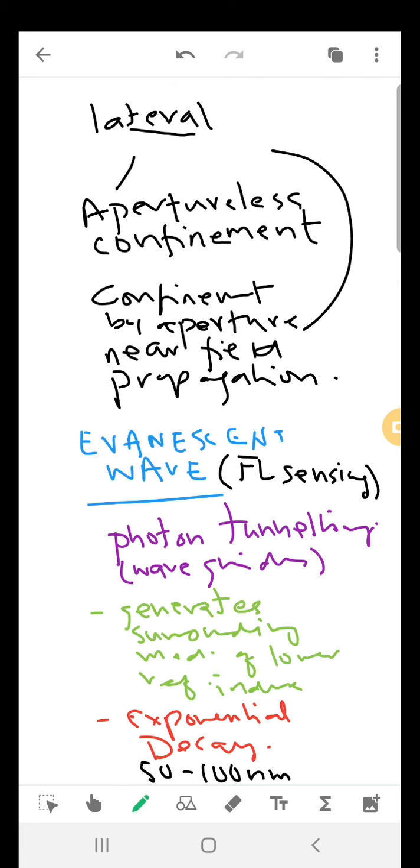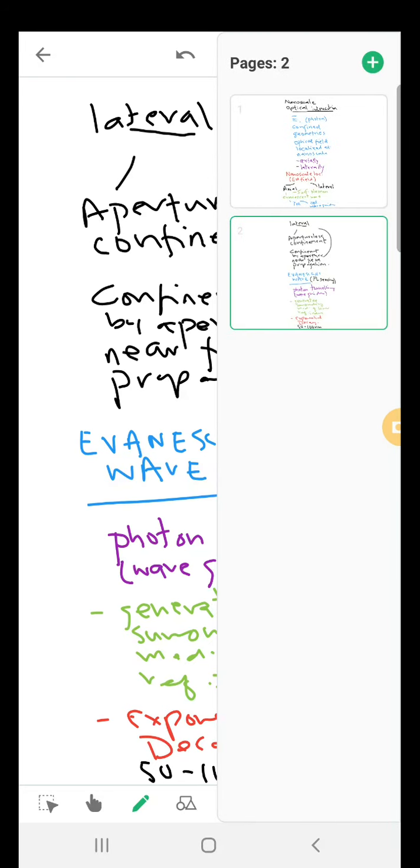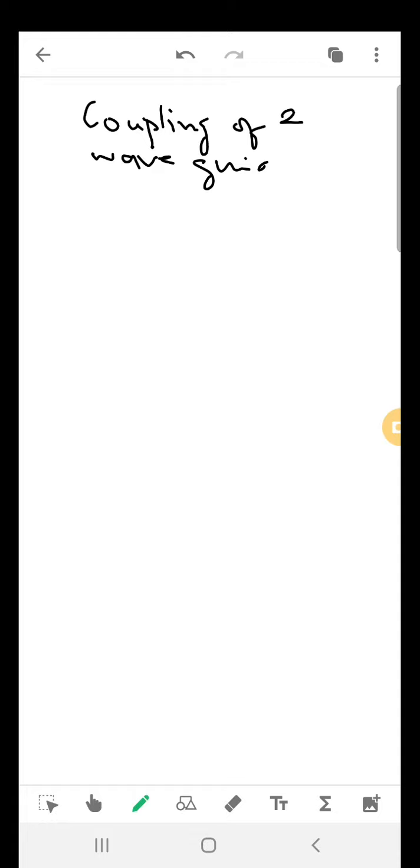Now, another example of nanoscale optical interaction is coupling of two waveguides by evanescent waves.